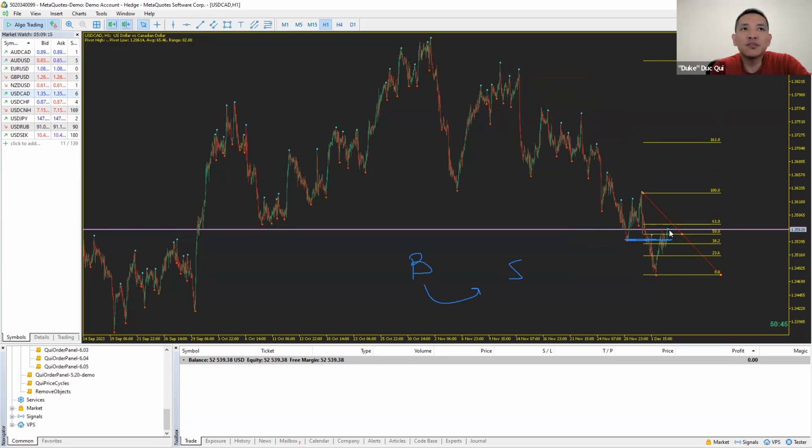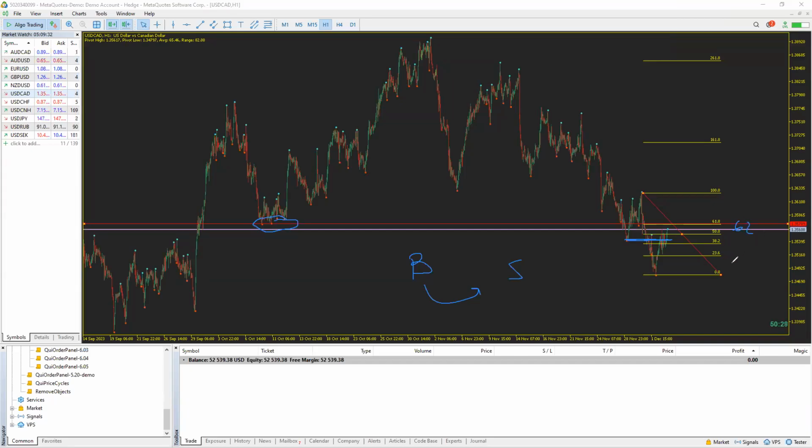You see how we're already approaching 62? We're probably not going to turn if this is going to break. You see how this is resistance? And it's also the 62. So you could call that the KPI, but that's for scalpers. So this is a scalper KPI right here.